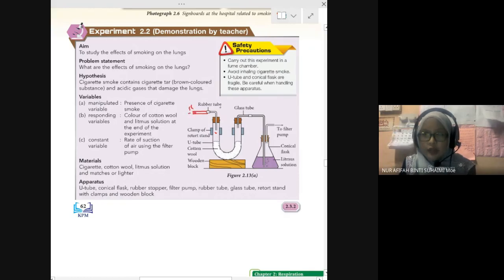Then in other reference book, there is a thermometer. We fix a thermometer here. Dekat dalam ni tak ada. Okay. Ada soalan yang ada letak ni. Okay, saya letak kat sini satu thermometer, to measure the temperature when smoking.